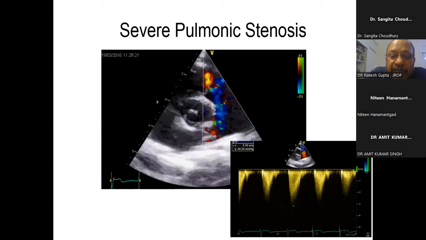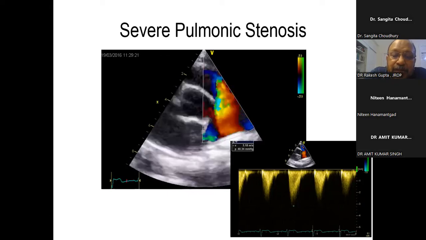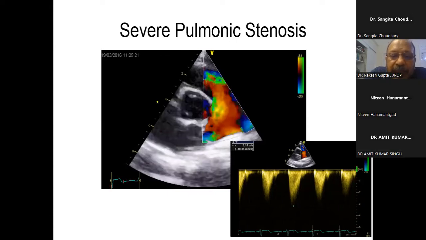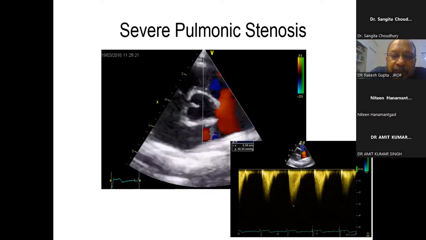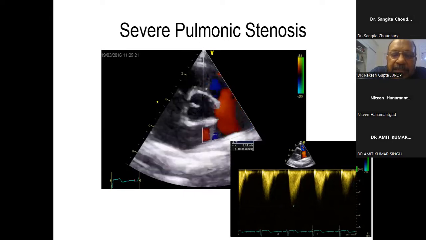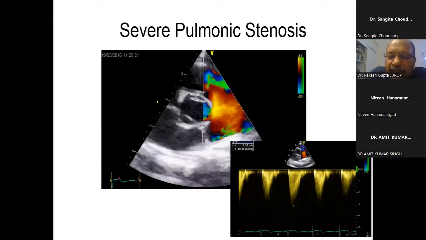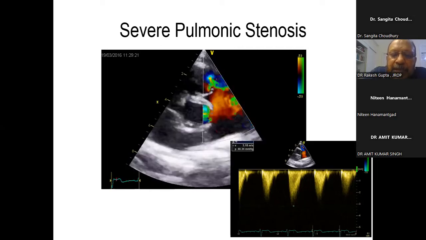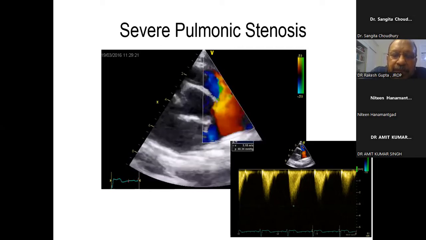Over a period of time, these valves are subjected to trauma because of the constant flow and constant opening and closing. If I see a valve with mildly increased flow velocity at the age of 65 years, which appears thickened, with a velocity of 2.2, 2.3 meters per second, I'll say sclerosed or degenerative pulmonic valve.